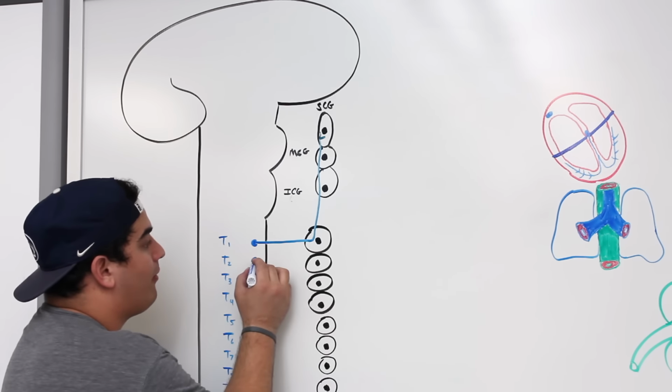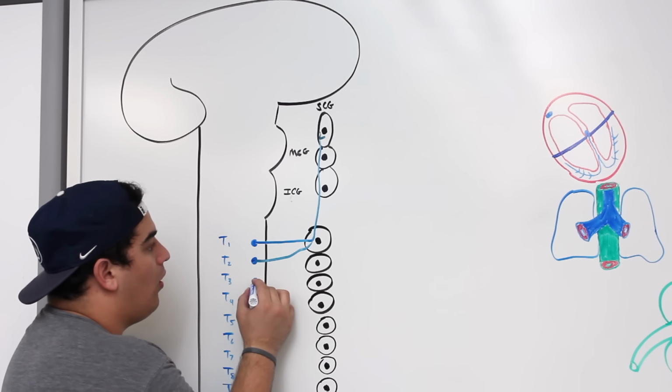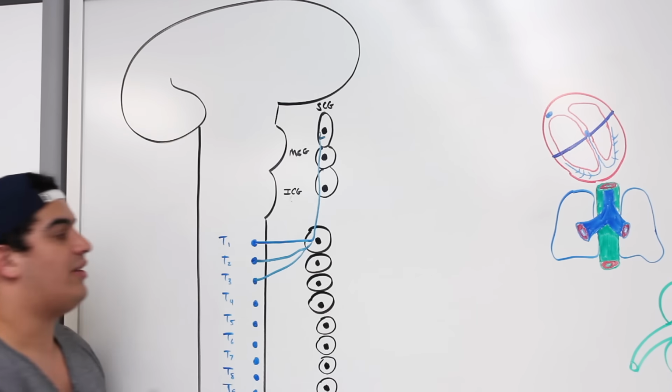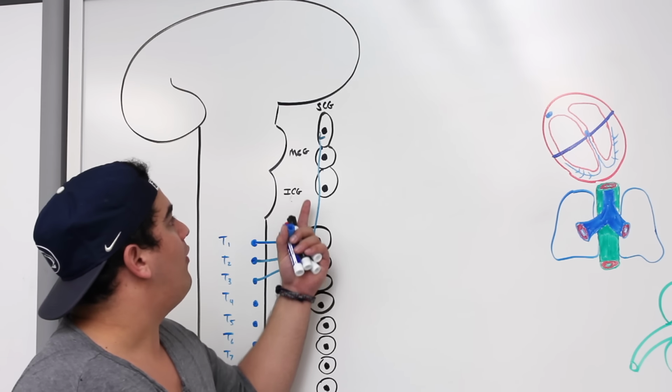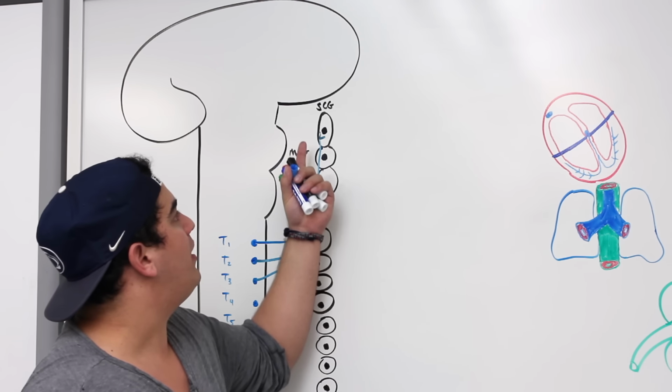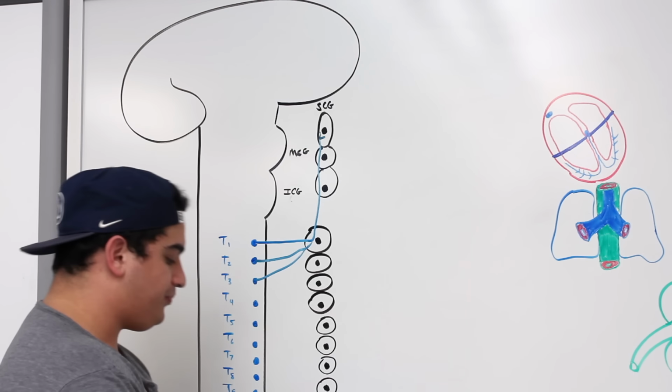This can come from T1, T2, or even T3. When these fibers move up, they pass through the inferior cervical and middle cervical ganglia up to the superior cervical ganglion and synapse in the cell bodies here.